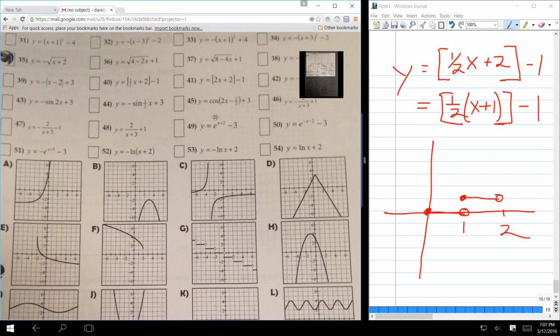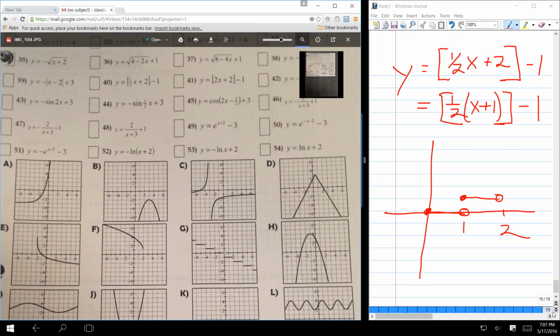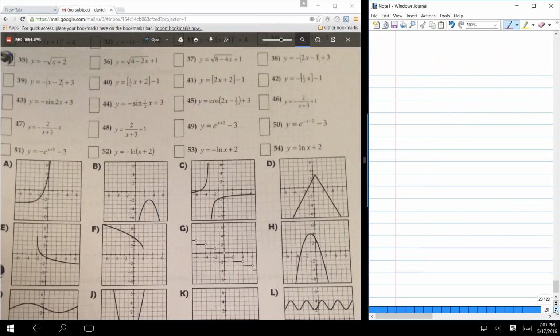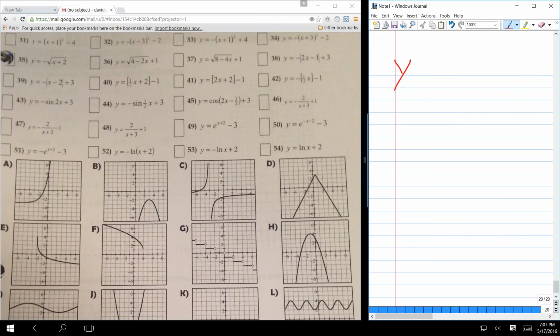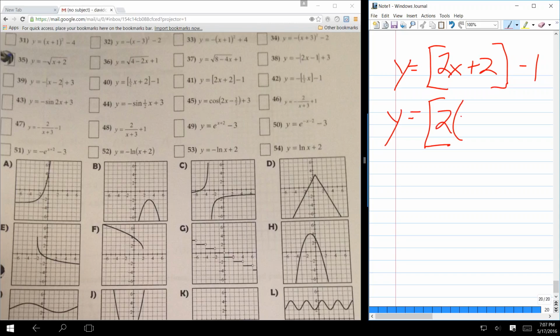All right, let's look at 41. Tell me how to write it. Here, I'll write it the way it's given. So you want to take the 2 out so that it's greatest integer of 2x plus 1, and then minus 1, and then it's u.